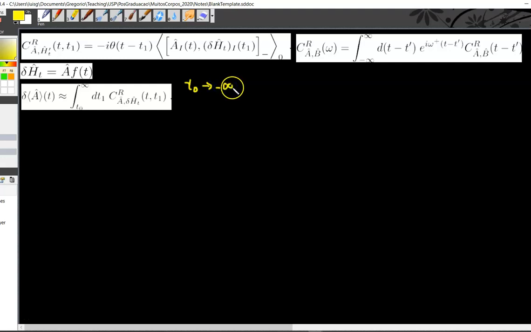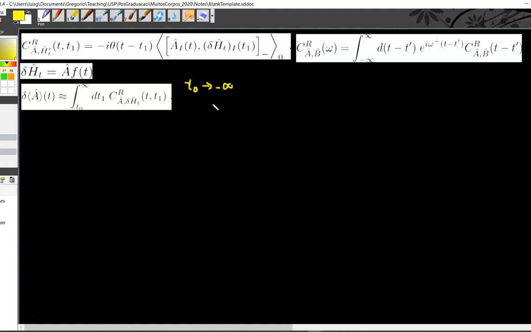What does that mean? Well, it means that the perturbation was applied at minus infinity, so it was there all the time. Okay, so this is an artifact so that we can have the response function in frequency domain well defined, but it also means that we are disregarding the transients, right, from when you actually turn on the perturbation.